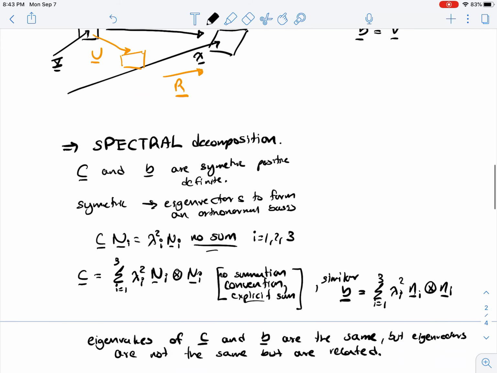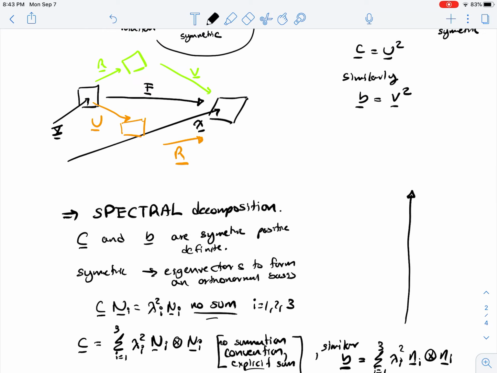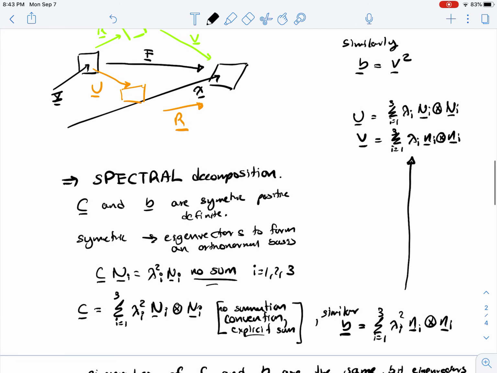Anyway, computing the spectral decomposition gives you a way of computing the polar decomposition. So looking back here, if you compute the spectral decomposition, then you can write U as the sum from 1 to 3 of lambda i Ni dyadic Ni, and likewise V as the sum from 1 to 3 of lambda i ni dyadic ni.